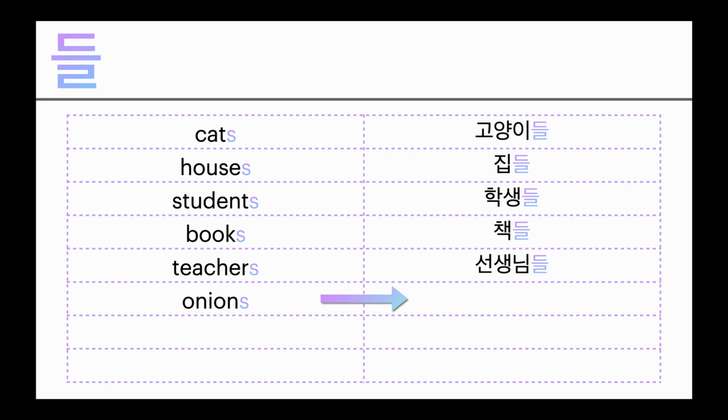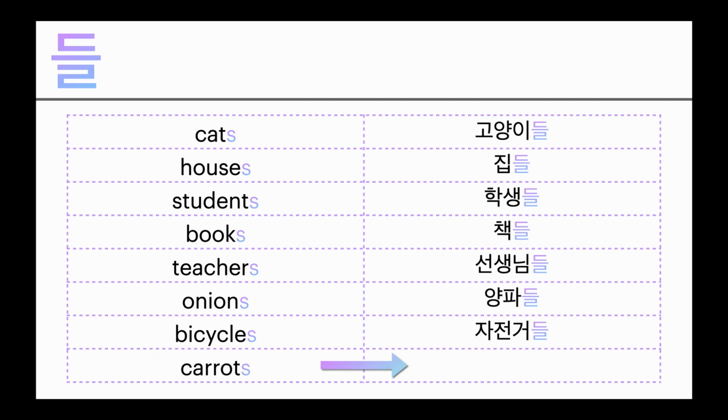Onions. 양파들. Bicycles. 자전거들. Carrots. 당근들.